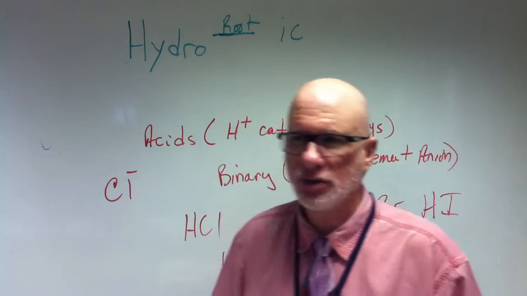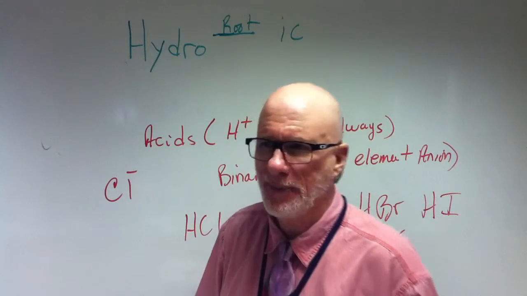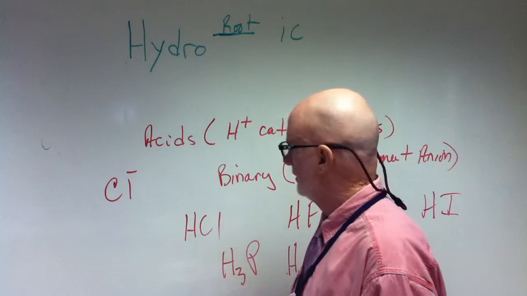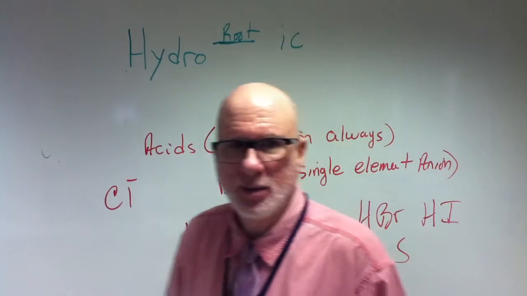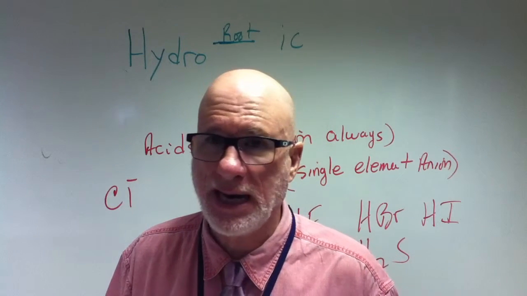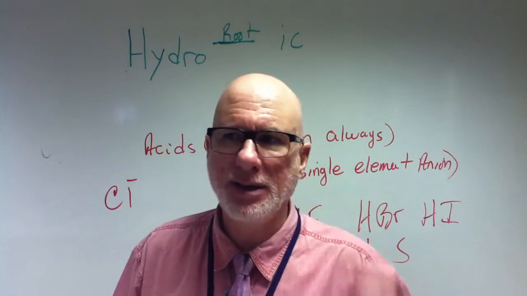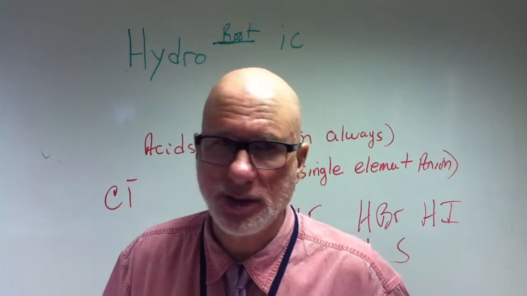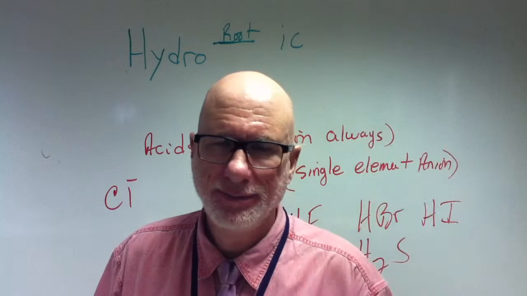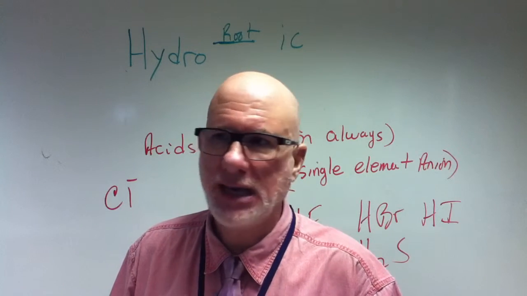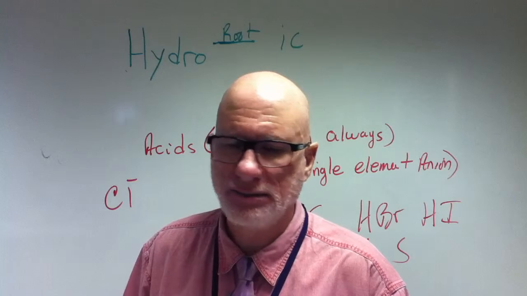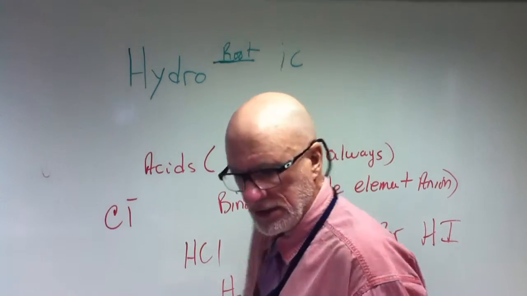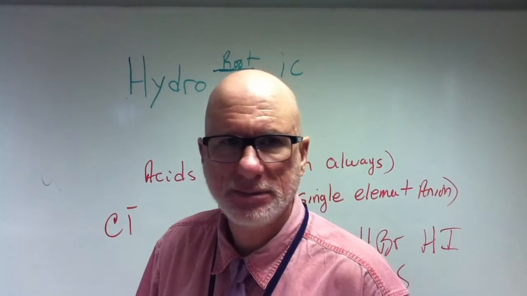You can buy muriatic acid at Home Depot, and it'll burn you severely. But the one that you see in labs all the time, the common, widely used acid, probably the most widely used acid in industry, don't quote me, sulfuric acid, scares the bejesus out of me. Sulfuric acid, just the worst. Okay, so is that easy? That's not hard, is it?